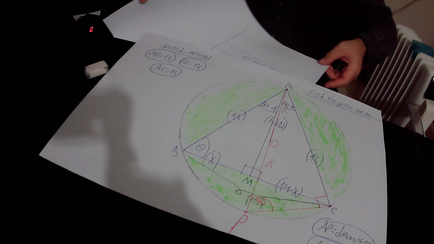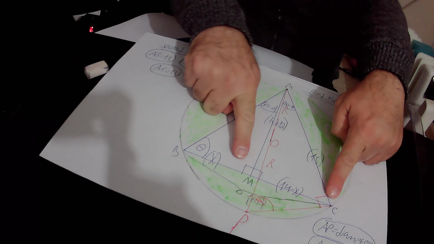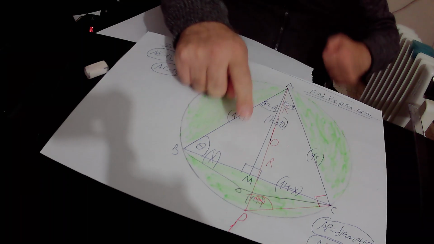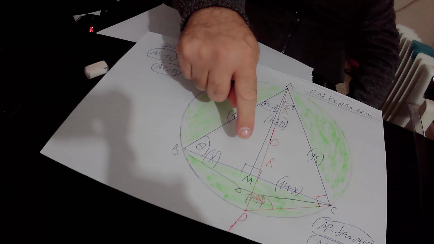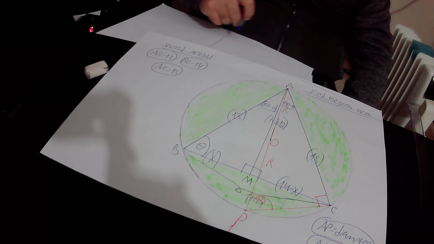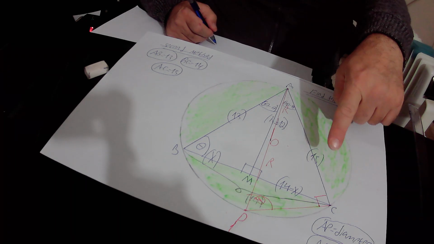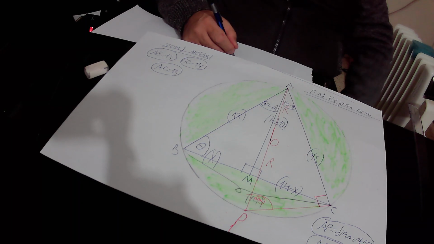In addition, those two angles are both equal to 90 degrees, therefore they are equal to each other. So actually, this is angle AMB, angle AMB in triangle ABM, is equal to this angle, that is actually angle ACP, in triangle APC.